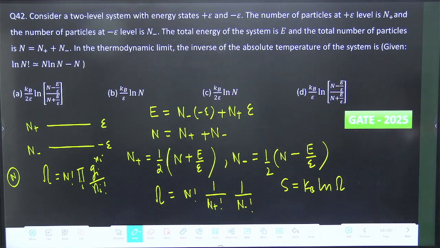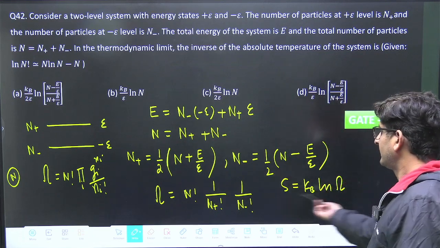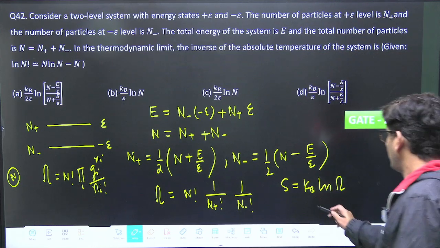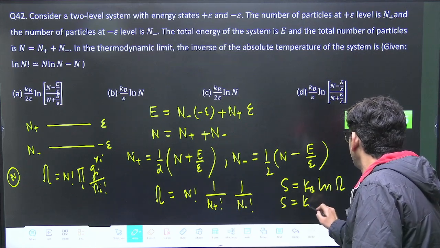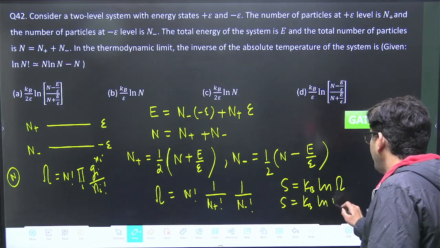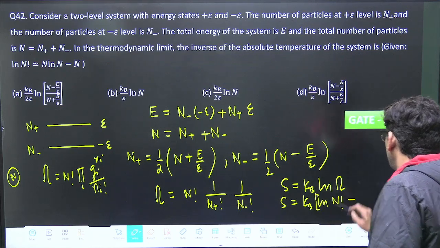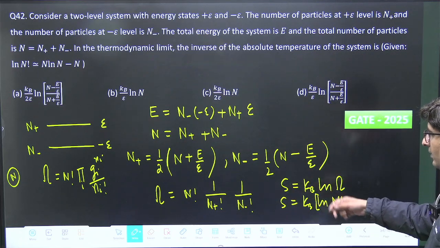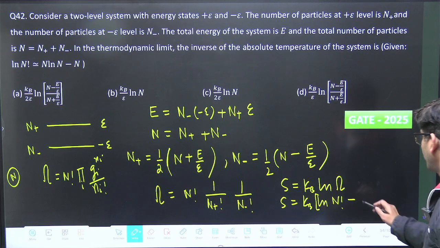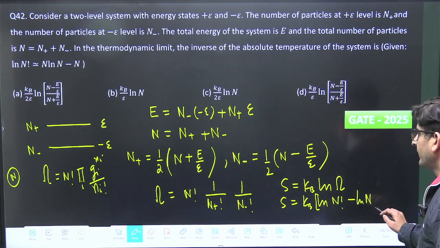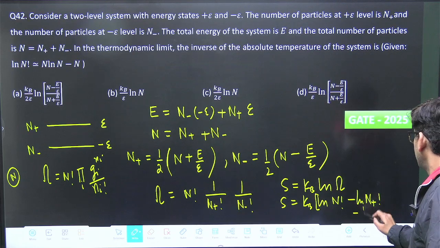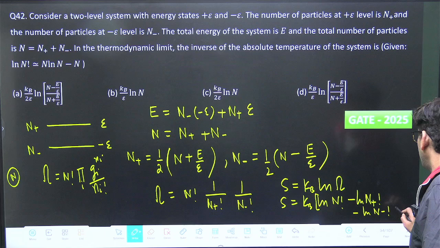Substituting, S is equal to KB ln n factorial minus ln of n plus factorial minus ln of n minus factorial.